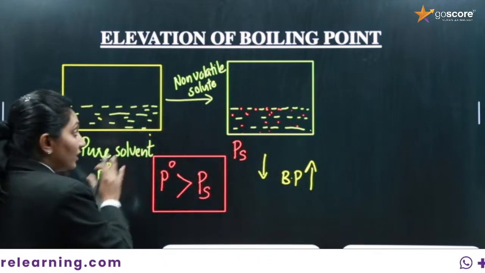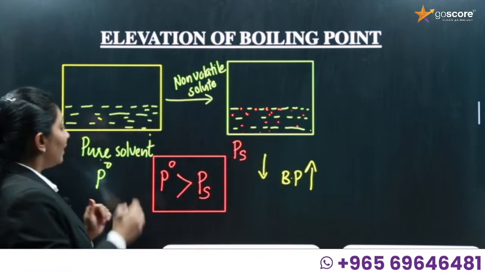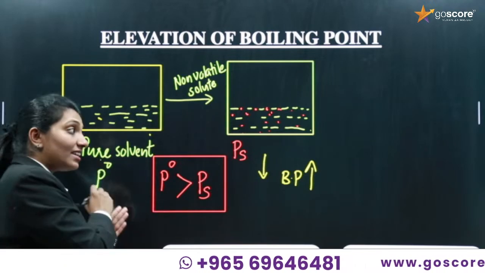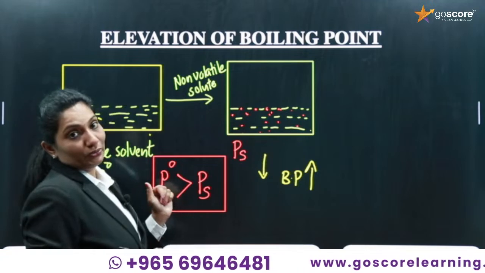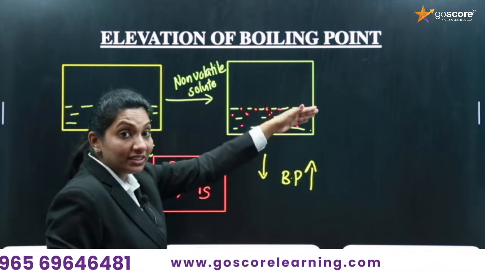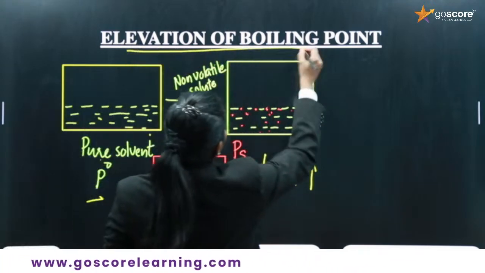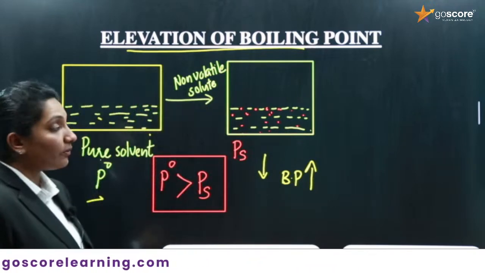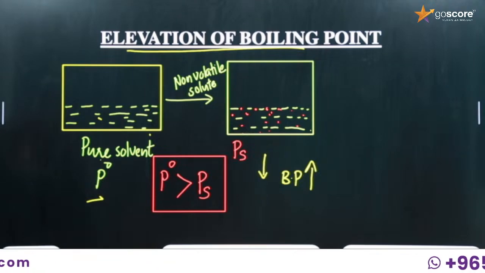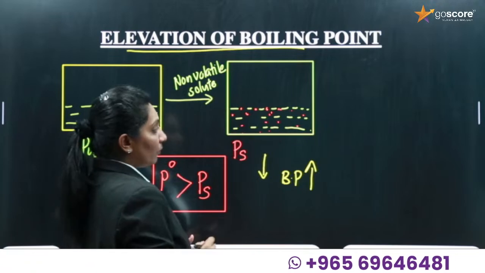So when you compare the boiling points, the pure solvent has a boiling point lesser than that of the solution. When you add the non-volatile solute, the boiling point gets increased. That is what the elevation of boiling point is.